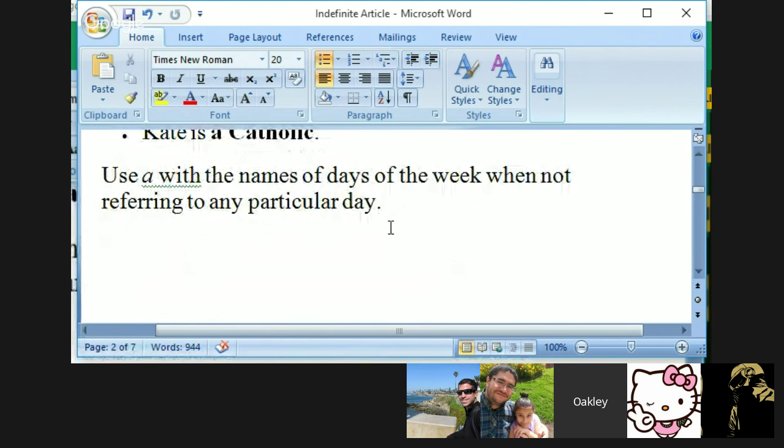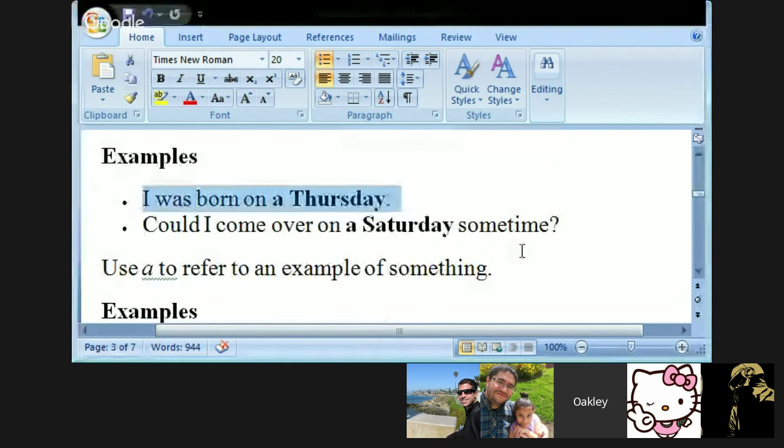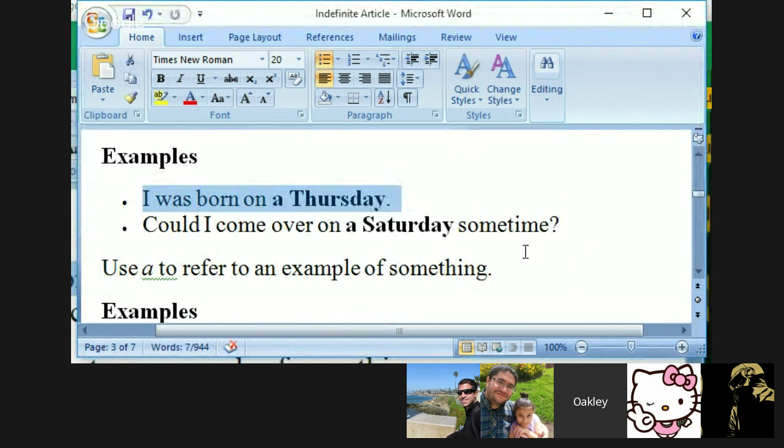Another kind of group are the days of the week. So you use a with the names of the days of the week. But again, same idea, not referring to a specific day like October or like November the 6th. In that case, I have to use the: the 6th. It's very specific. It's defined. But for example, I was born on a Thursday.